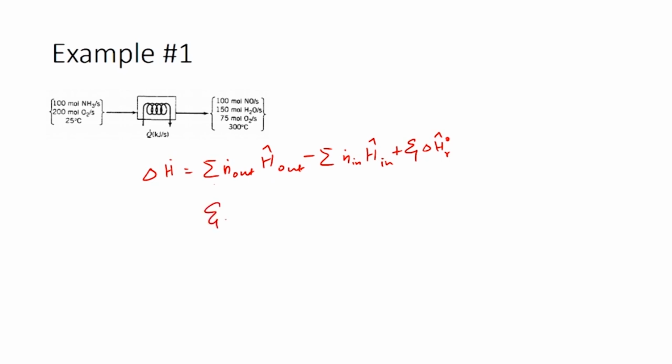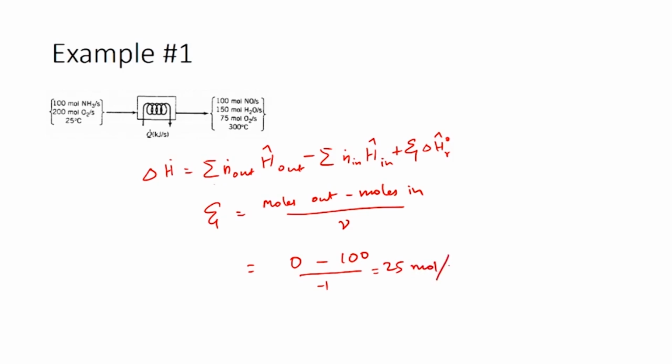Let us now calculate the extent of reaction. It is moles out minus moles in divided by the stoichiometric coefficient. So, if we were to take ammonia, then moles out would be 0, and moles in would be 100, and if you divide it by the stoichiometric coefficient, which I am calling -1 because you have it as a reactant, this would be equal to 25 moles per second.